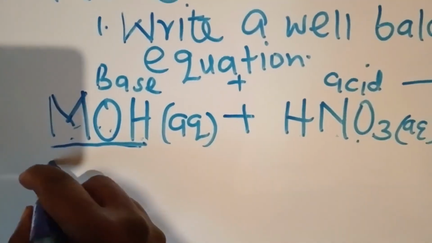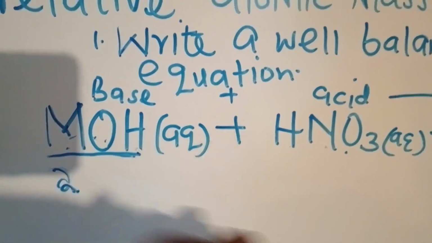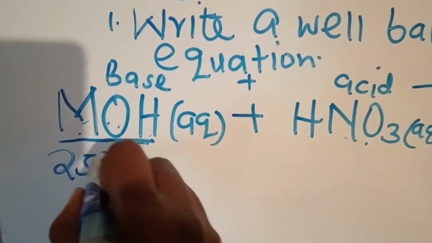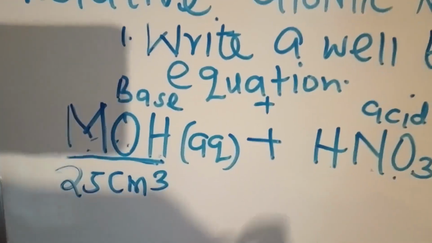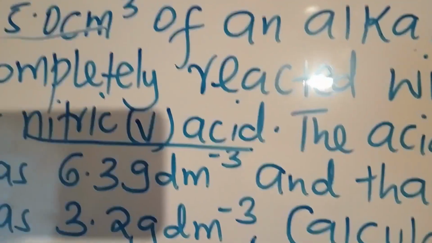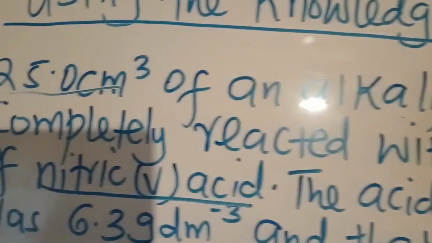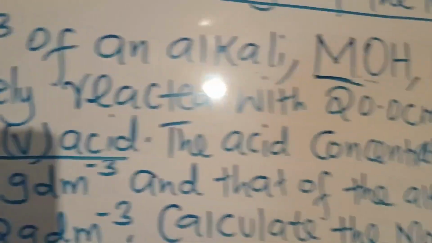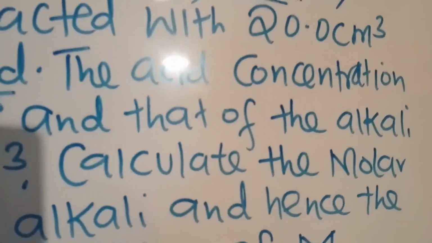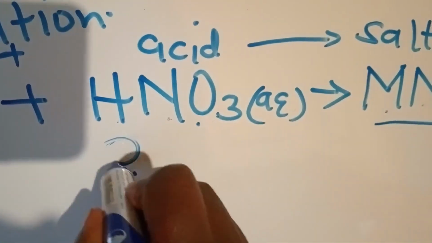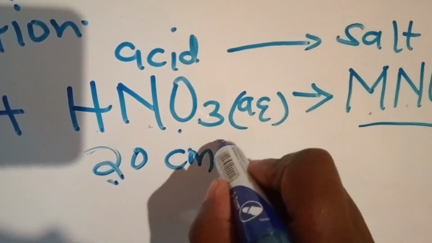So down here we say 25 centimeters cubed of the alkali. We go on with the question. Completely reacted with the 20 centimeters cubed of nitric 5. So nitric 5 has 20. We write 20 centimeters cubed.